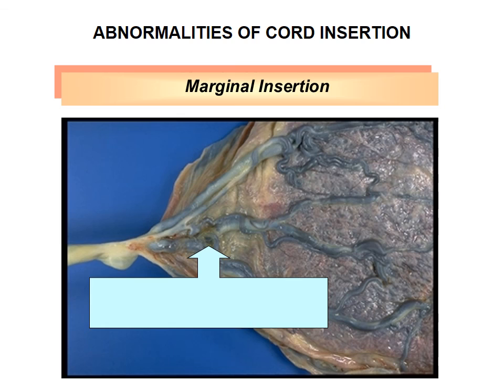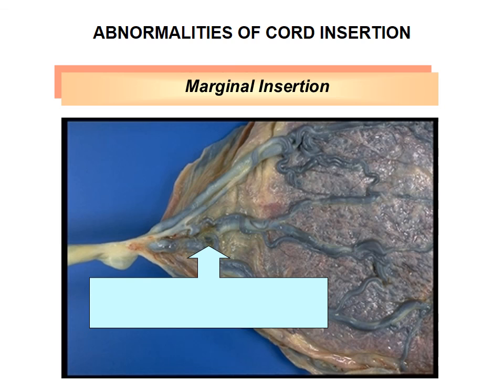Marginal cord insertion can develop into filamentous cord insertion as the pregnancy progresses. This change may result from atrophy of the placental tissue at the cord insertion site due to a relatively poor regional blood supply.